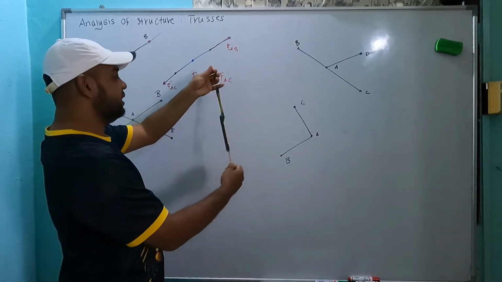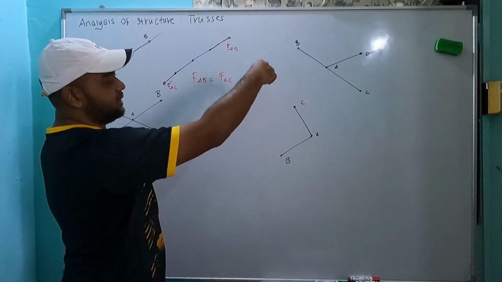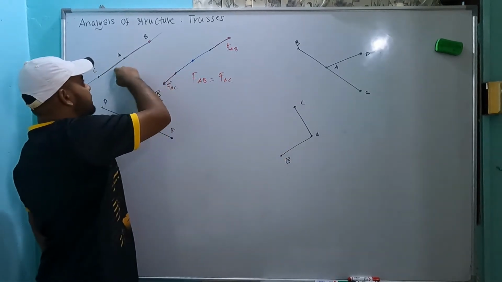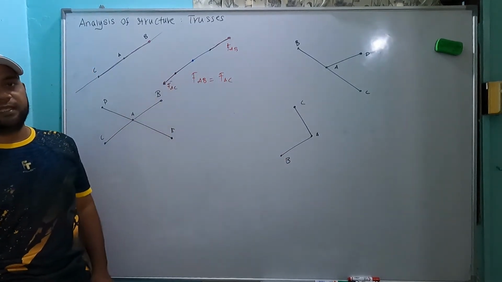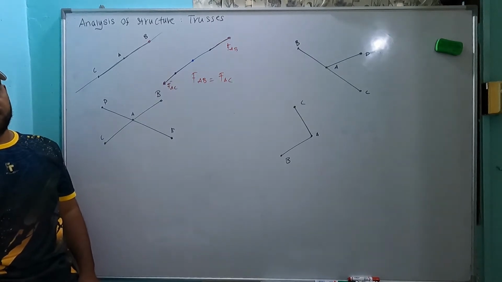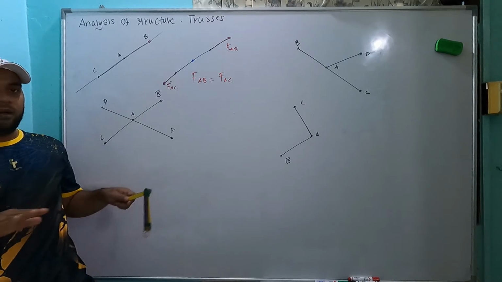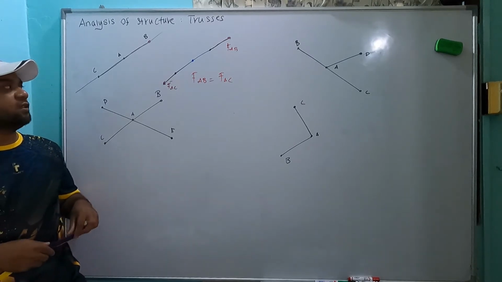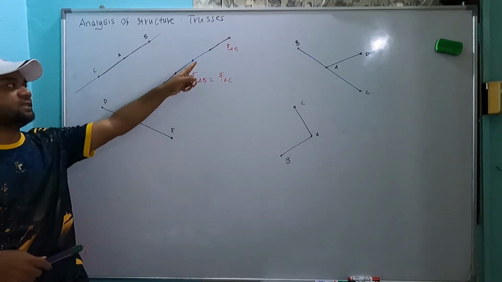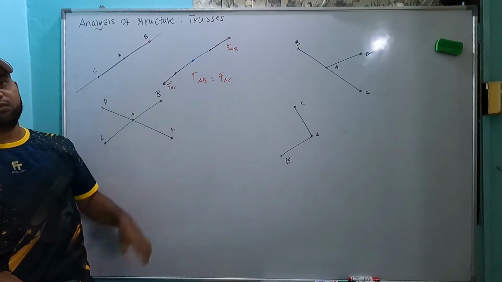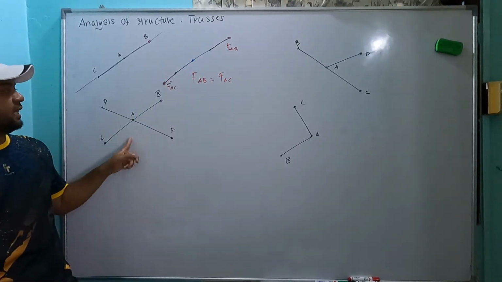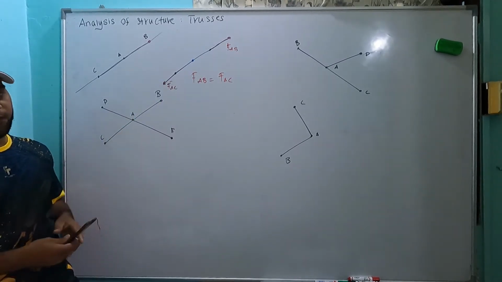At any condition, you will have the same forces as long as they are on the same line of action of force. So if we have two components on the same line of action of force, the force acting on those components is the same at the two ends. Okay, the second part here: if we now have four components.